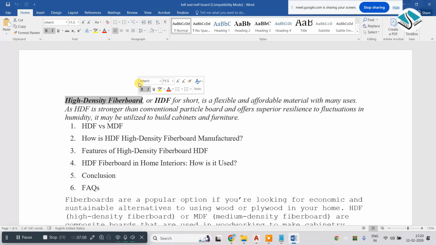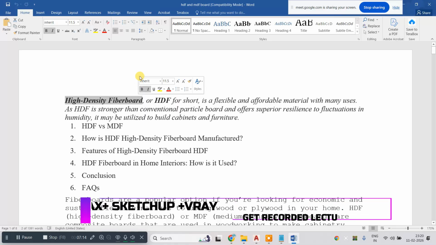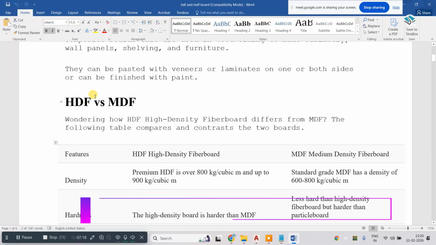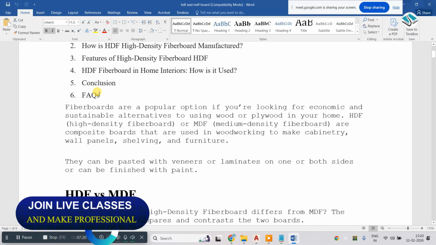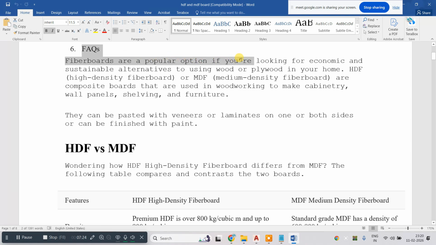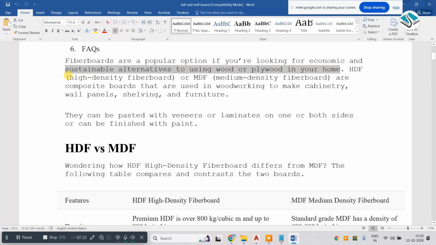HDF versus MDF. How is MDF, medium density fiber board, manufactured? Features of high density and uses of the board. So, example number one, fiber boards are a popular option if you are looking for economical and sustainable alternatives to using wood or plywood in your home. HDF means high density fiber board.